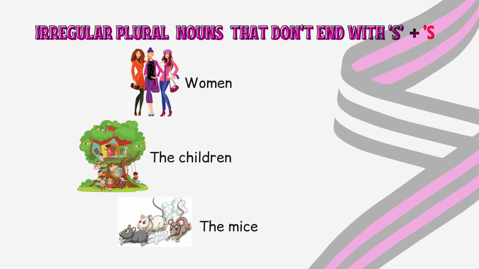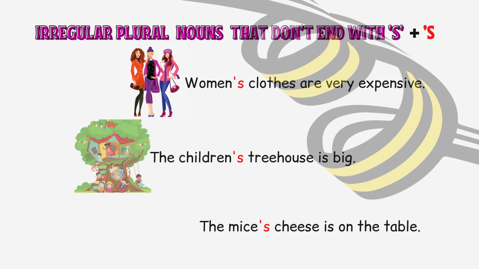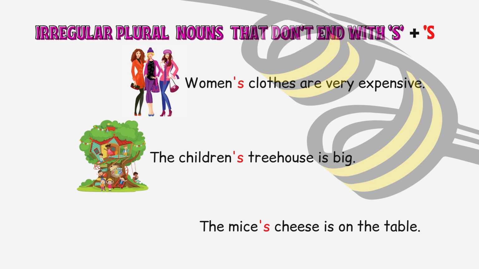The children is a plural form of child. And the mice is a plural form of mouse. What should we do since the words don't end with S? We can add apostrophe S after the nouns.